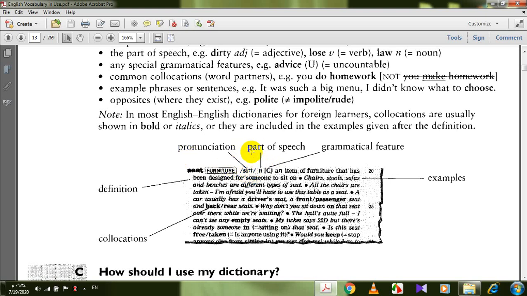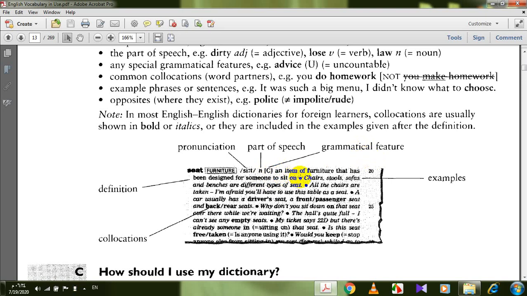Okay, this is the pronunciation. This is the part of speech. C and U. This is a grammatical feature. C means countable. U means uncountable.